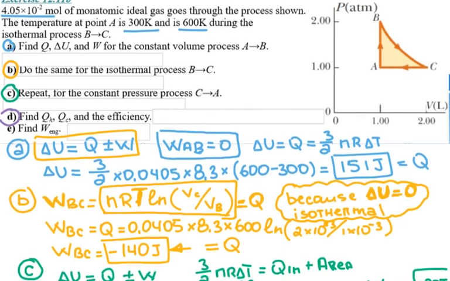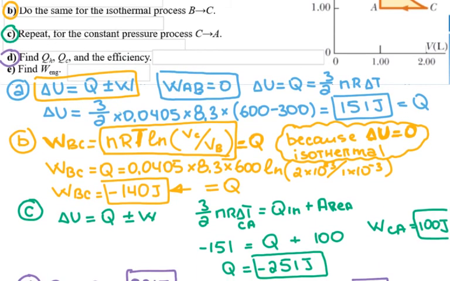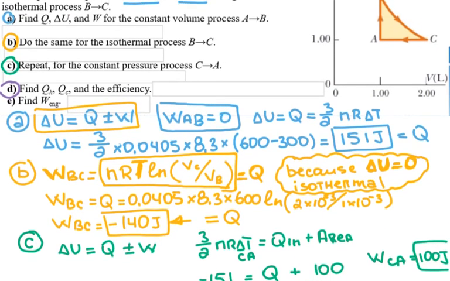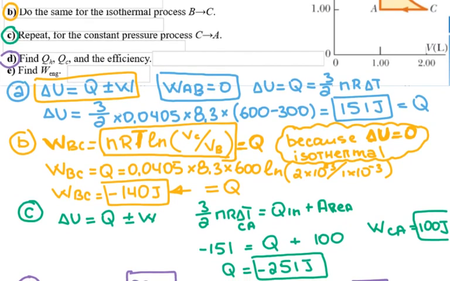Then I repeated the process between C and A. Between C and A, I can calculate the area underneath the graph, which is the work. So I did the calculations of the work underneath the graph, and that gives me 100 joules.